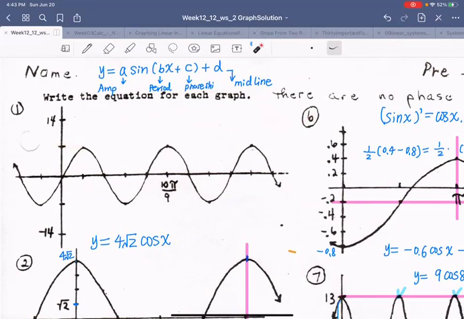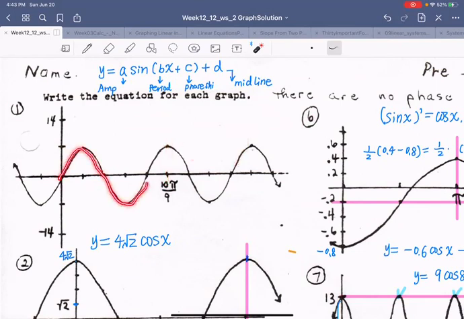And then we found T, since 10 pi over 9 divided by 5. No, this is not your T. T does not equal 10 pi over 9.